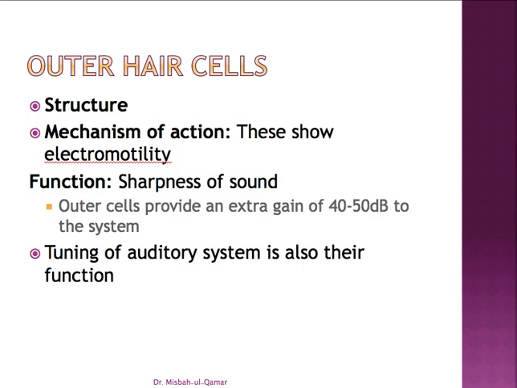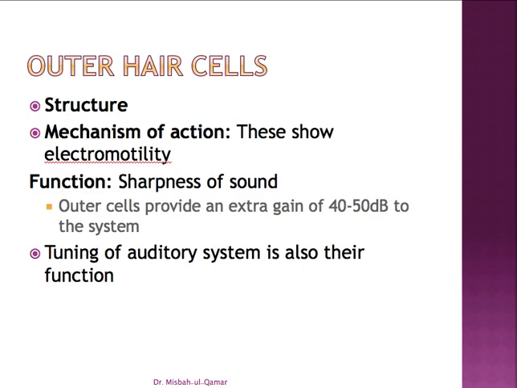And I told you what this electromotility is: they shorten during depolarization and they are elongated during hyperpolarization. Okay? So this is called the electromotility of the outer hair cells.